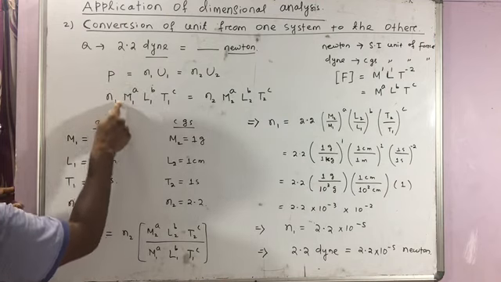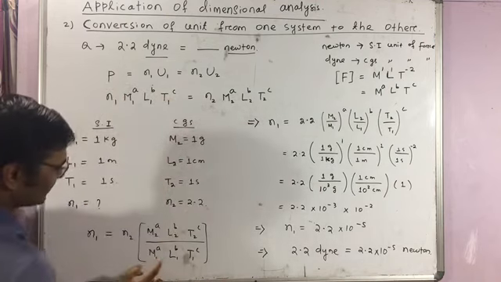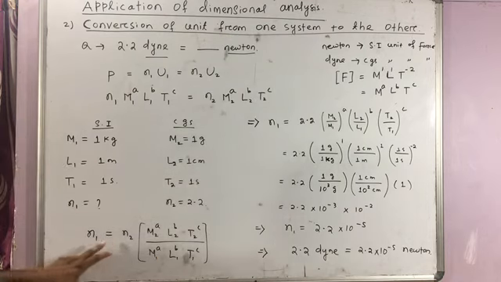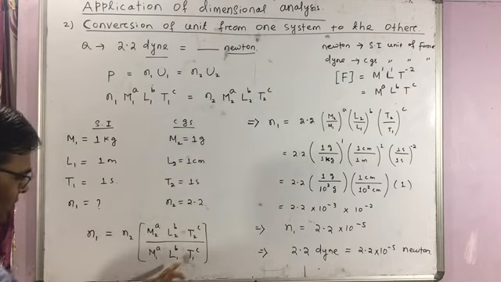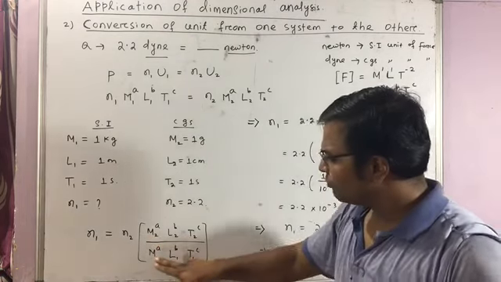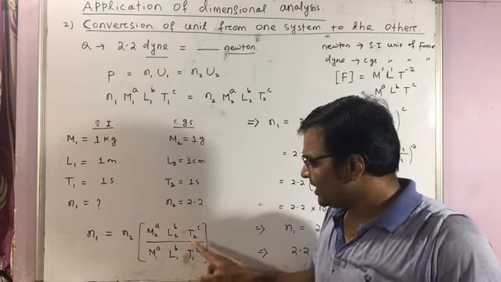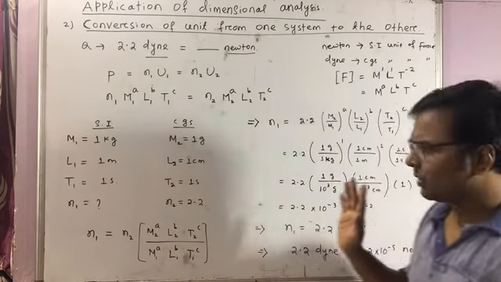Now if you compare this equation, I need to find out n1. So if you keep n1 on the LHS, take the entire term and divide, which I have done here. n1 is given by n2 into this term. Now you see here M2 and M1 are both raised to the power a, L2 and L1 both are raised to the power b, T2 and T1 both are raised to the power c.